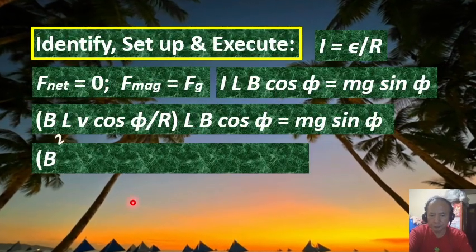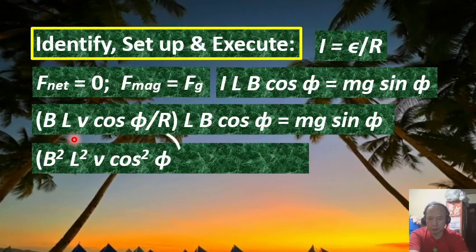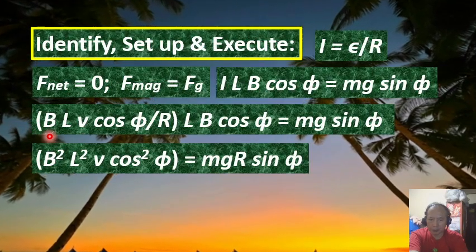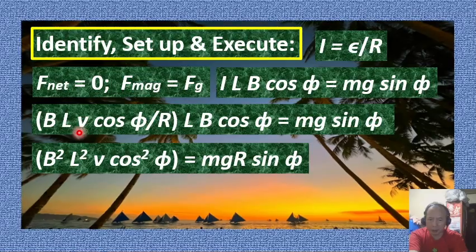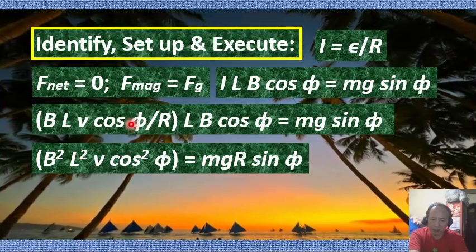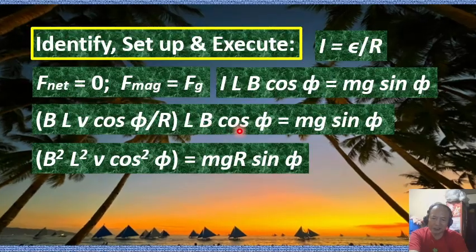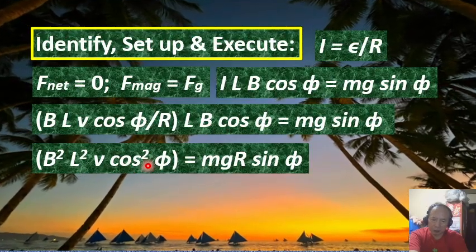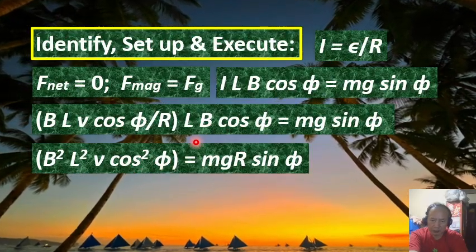So, B times B, of course, is B squared. L times L is L squared. And cosine phi multiplied by another cosine phi gives us cosine squared phi.